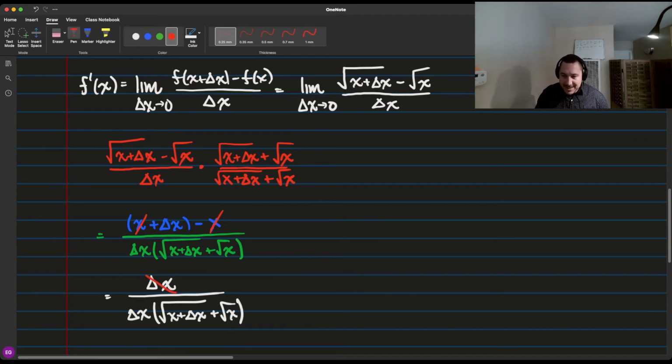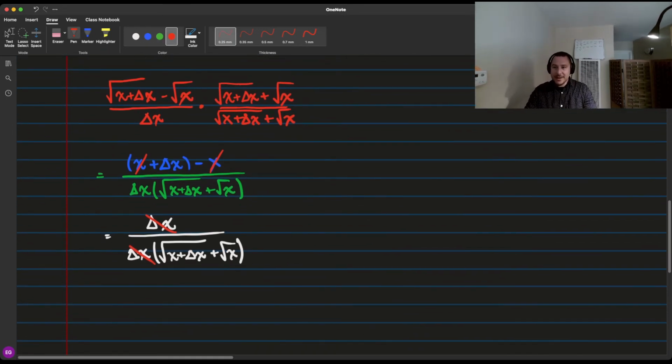And those delta x's now cancel, leaving me with 1 over square root of x plus delta x plus square root of x.